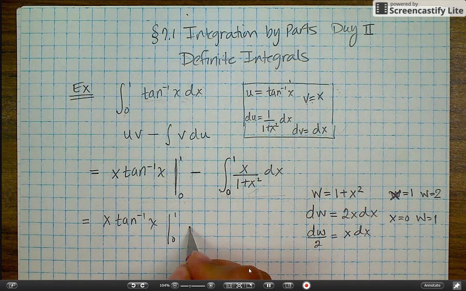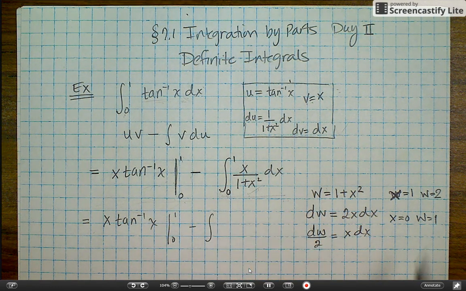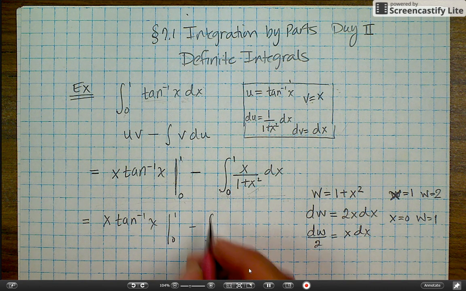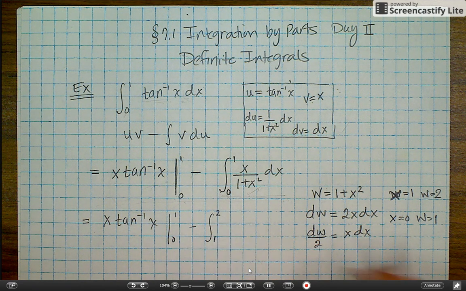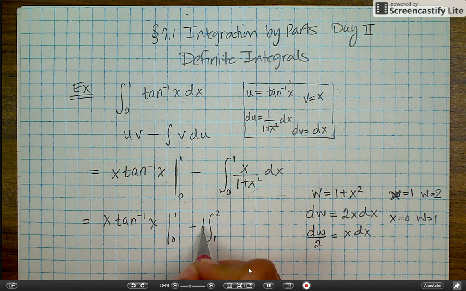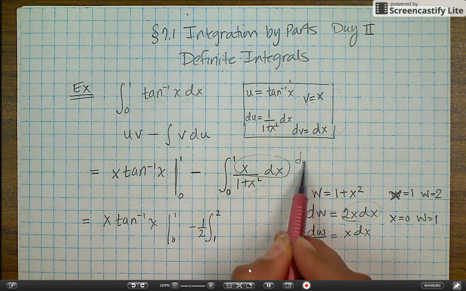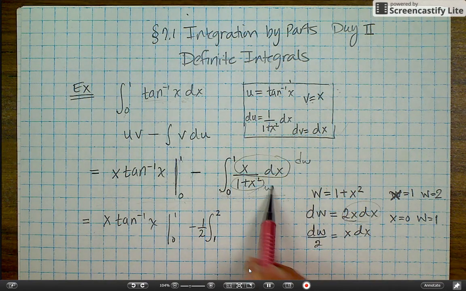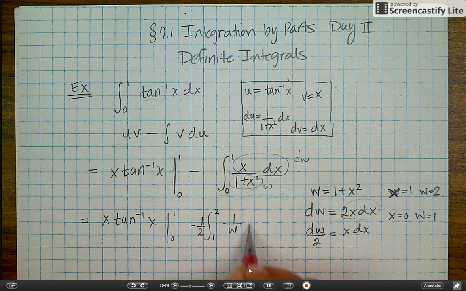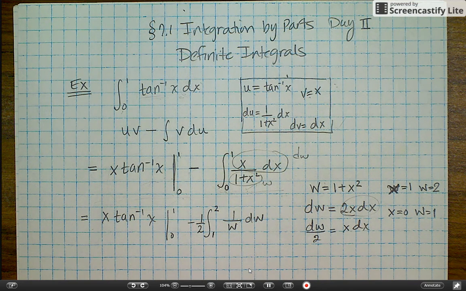Now this is going to be minus the integral from 1 to 2, and I'm going to pull out this 1/2. This is dw, and this is w, so this is going to be 1 over w dw.